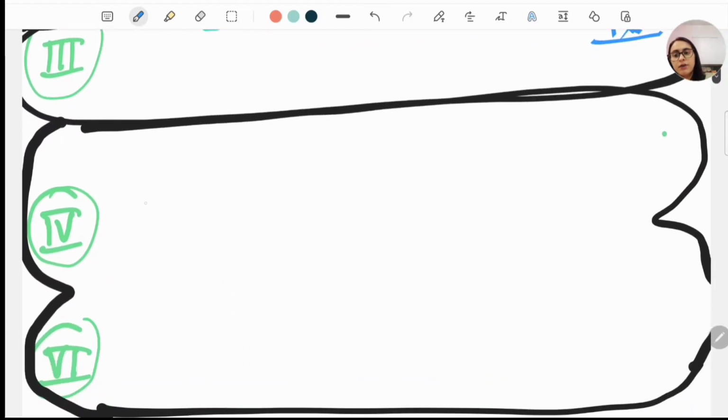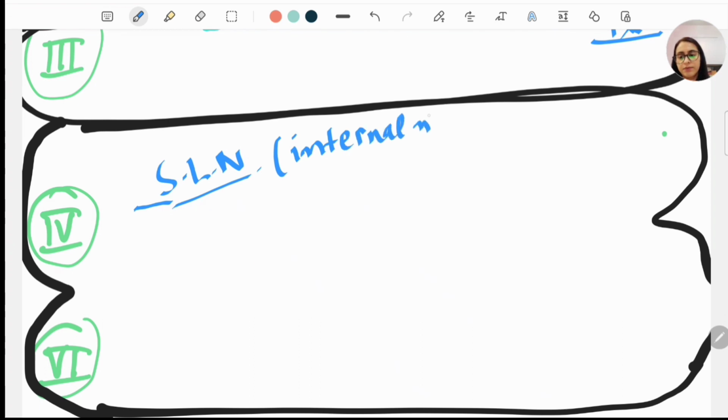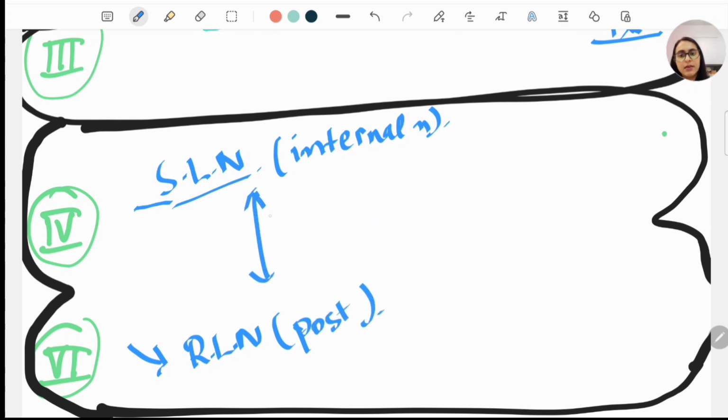Now the nerve of the fourth pharyngeal arch is the superior laryngeal nerve, which is an internal branch of the vagus nerve. And the sixth pharyngeal arch is supplied via the recurrent laryngeal nerve, which is a posterior division of the vagus nerve. In between the superior laryngeal and recurrent laryngeal nerves, there is an anastomosis known as Galen's anastomosis.